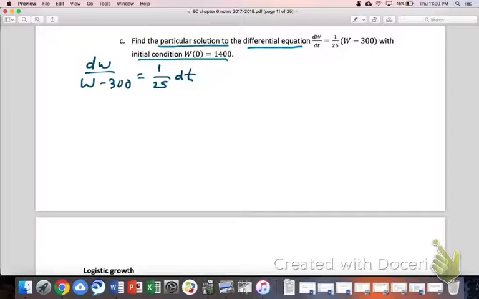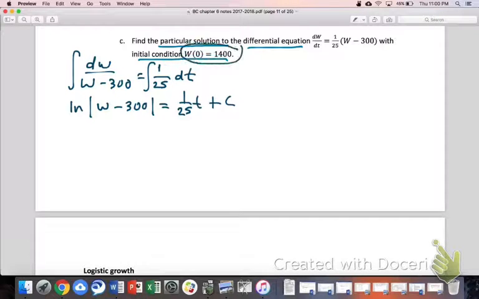All right, so the next thing I need to do here is find my antiderivatives. So I'm going to do that on both sides. On the left side, I'm going to get natural log of absolute value of W minus 300 is equal to 1/25 t plus c. At this point, I found my antiderivatives, and so I'm going to go ahead and try to find my c using my initial condition. Of course, that's right here. This is saying that when t is 0, W is 1400. So it's going to be natural log of absolute value 1400 minus 300 is equal to 1/25 of 0 plus c.